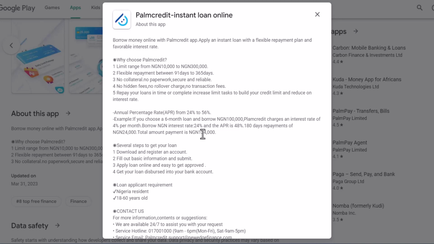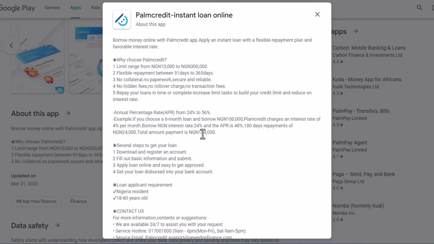But then if you also try to calculate, this is actually 100,000 naira, so let me quickly do that. Let's say, check on my calculator. So let's say this is 100,000 naira for 24,000 naira. Let me quickly make a calculation on this. 24,000 divided by 3, so okay, 8,000 naira.